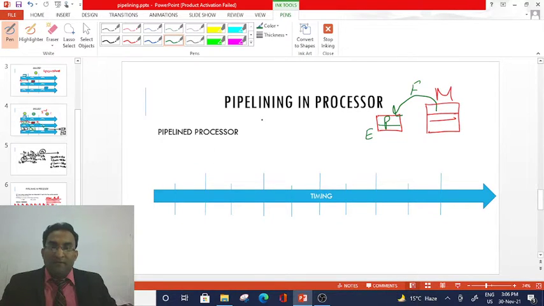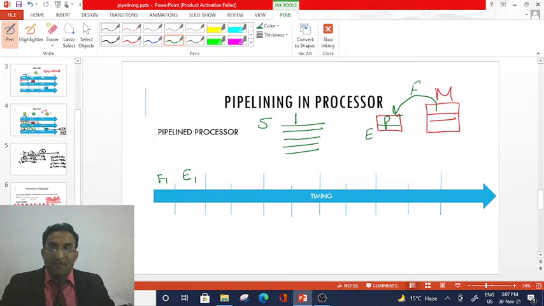We have 5 instructions, that is a 5-line program, 1 2 3 4 and 5. So this is the first instruction. The fetching of the first instruction is started. After fetching, execution of the first instruction will begin. When the execution of the first instruction is going on inside the processor, it can fetch the second instruction from the memory, because they are two independent processes.